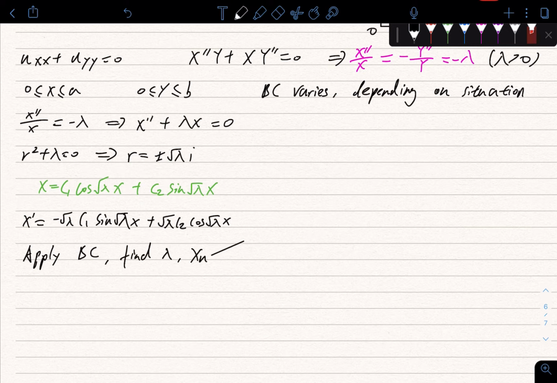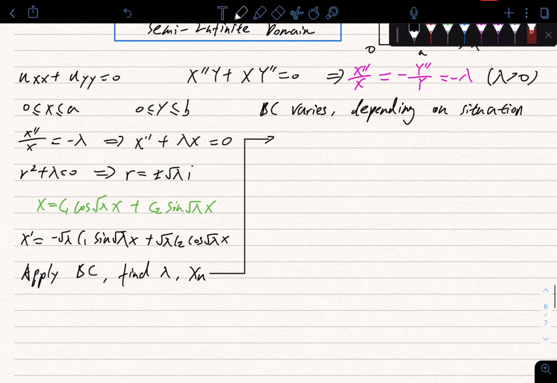So the y part is a little bit different compared to the one you see in the wave equation and the heat equation, because there's one more negative sign in this partial differential equation. Let's write that down first: negative Y double prime over Y equals negative lambda. What you end up with is Y double prime minus lambda Y equals 0.